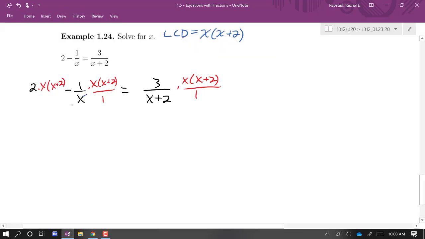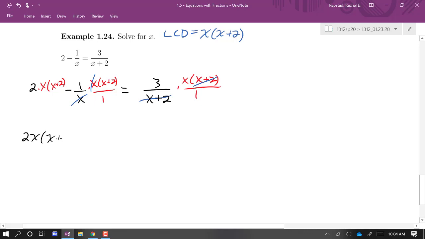Cancel what will cancel. What equation do we get? 2x.